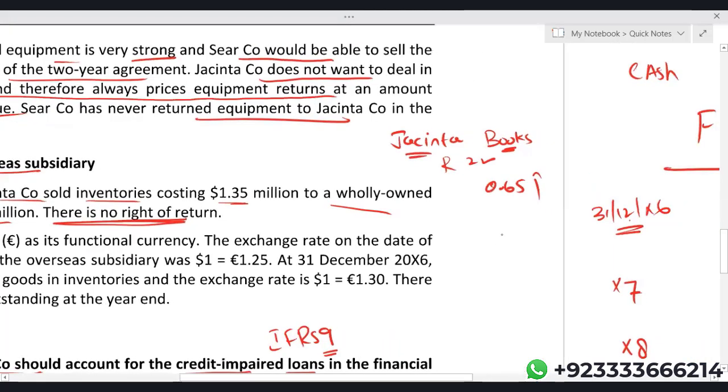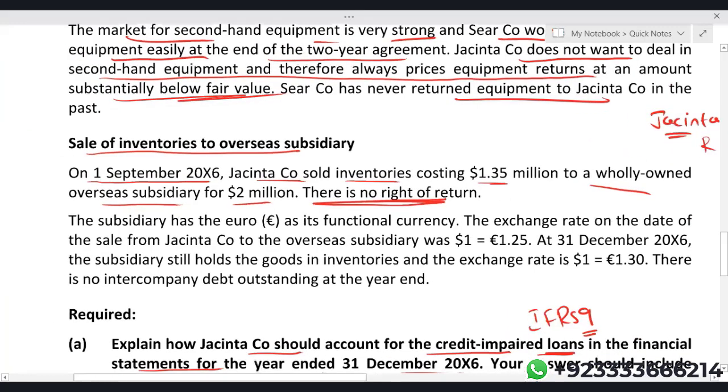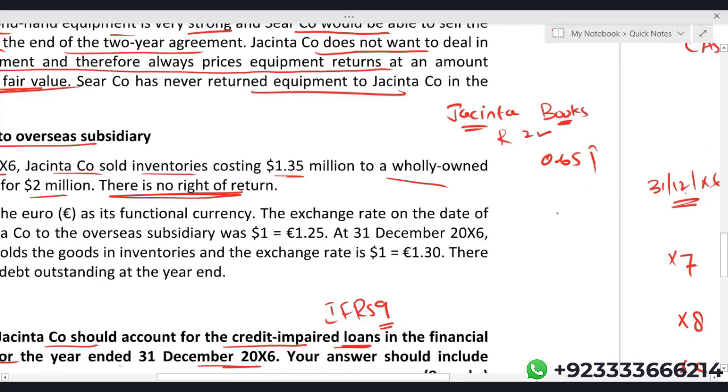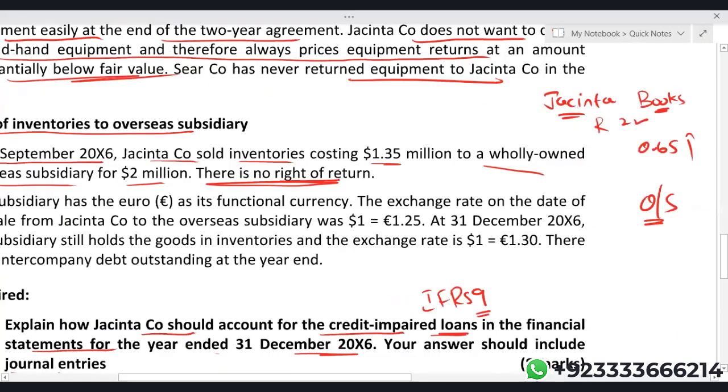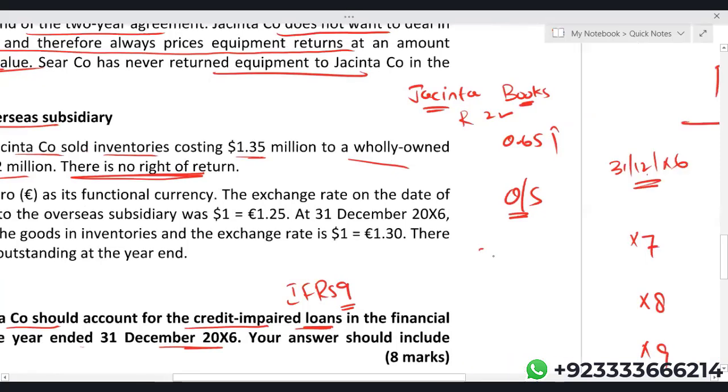Now, what is the subsidiary? It is a wholly owned overseas subsidiary. The subsidiary has the euro as its functional currency. The exchange rate on the date of sale from Jinta company to the overseas subsidiary was $1 equals euro 1.25. It means 2 multiplied by 1.25 is euro 2.5 million.